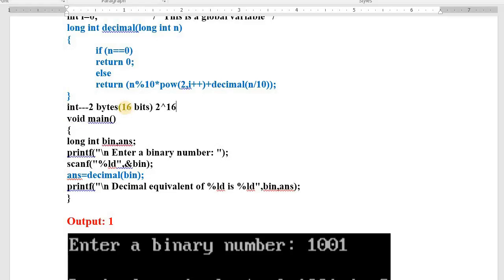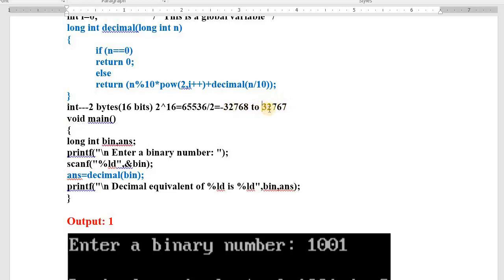Yeah, your answer is correct. 2 raised to 16 is 65,536, divided by 2. We get the range from minus 32,768 to plus 32,767. That means if that variable is an integer type, we can store a value which is maximum 5 digits. We can't store a value of more than 5 digits, the value must be in this range.